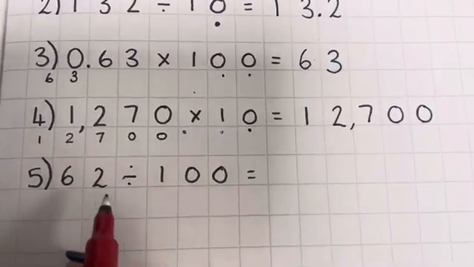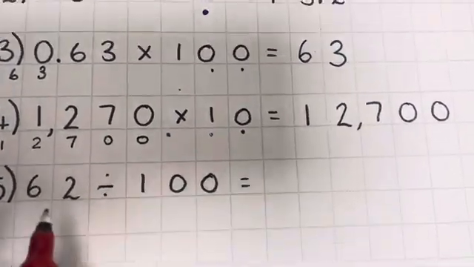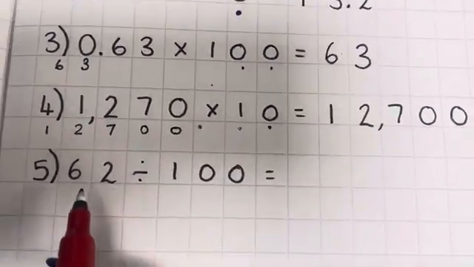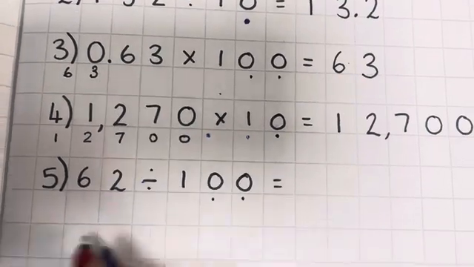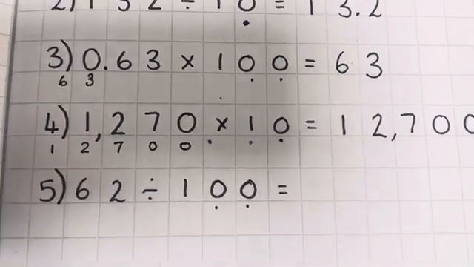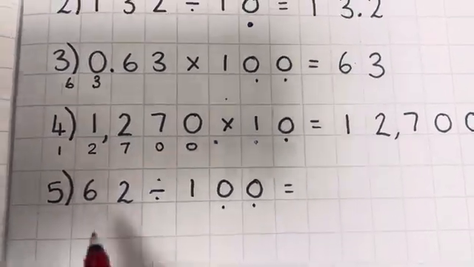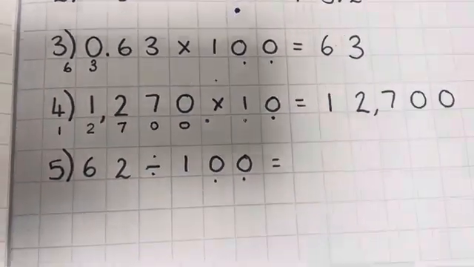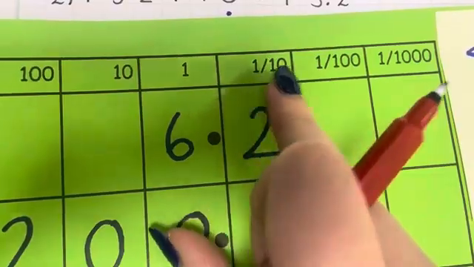Finally, we're dividing by 100. This means we're making the number 100 times smaller and therefore moving the numbers two places to the right. Sometimes children struggle with this as it's going into the decimals, and they just need to remember the columns that come after the decimal point.